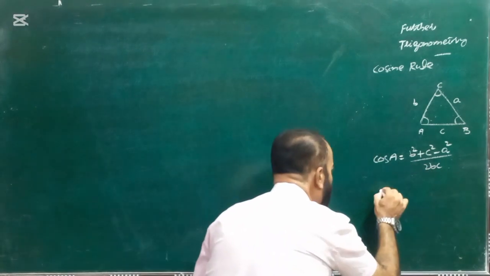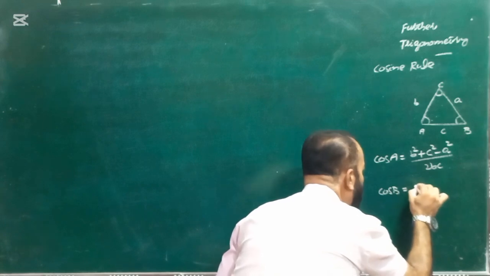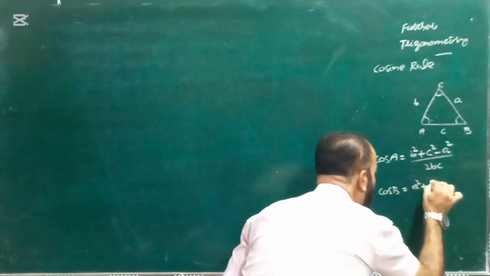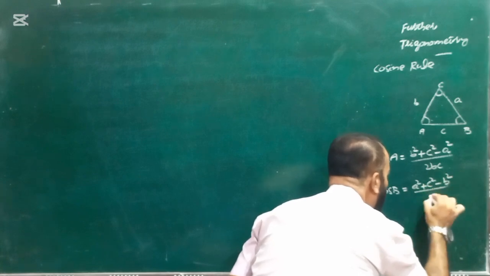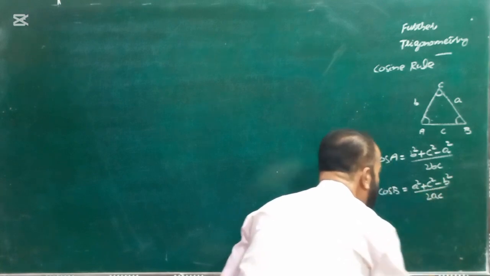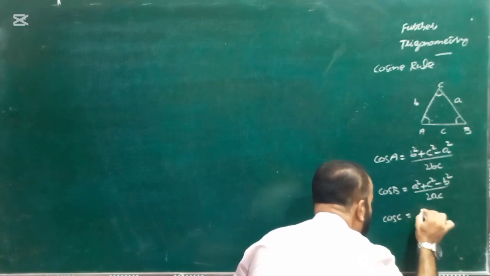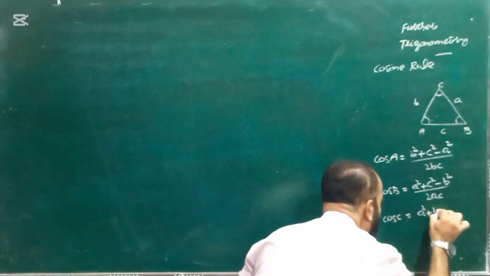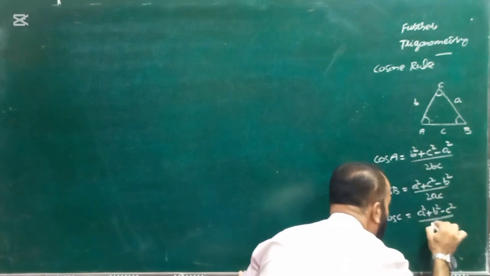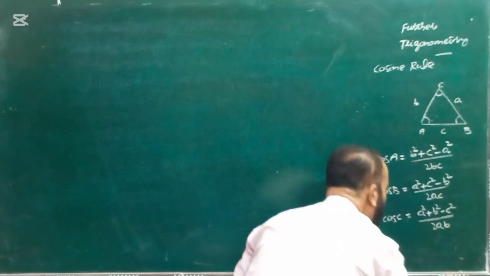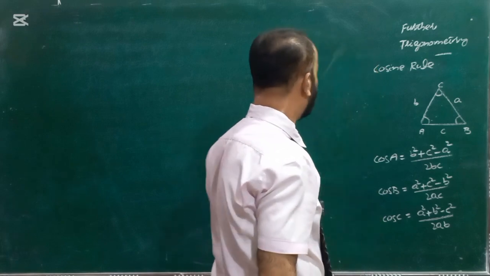Likewise cos B will be equal to a square plus c square minus b square over 2ac. Likewise, cos C will be equal to a square plus b square minus c square over 2ab. So there are three forms of the cosine rule.